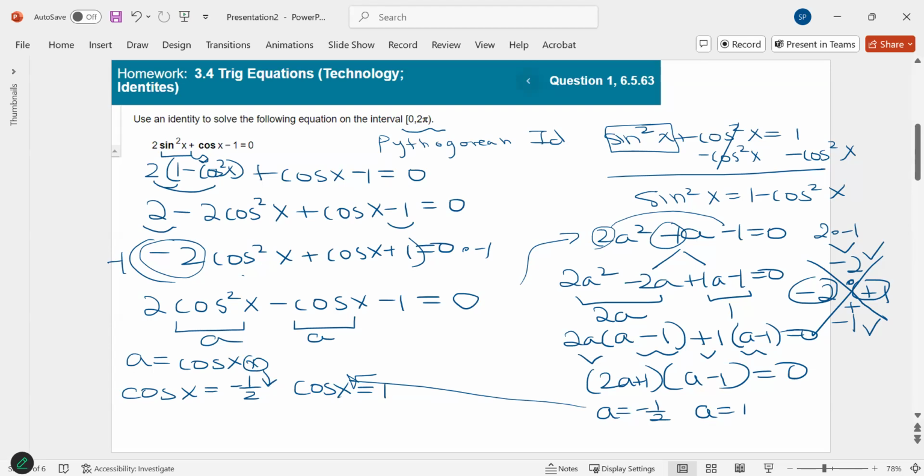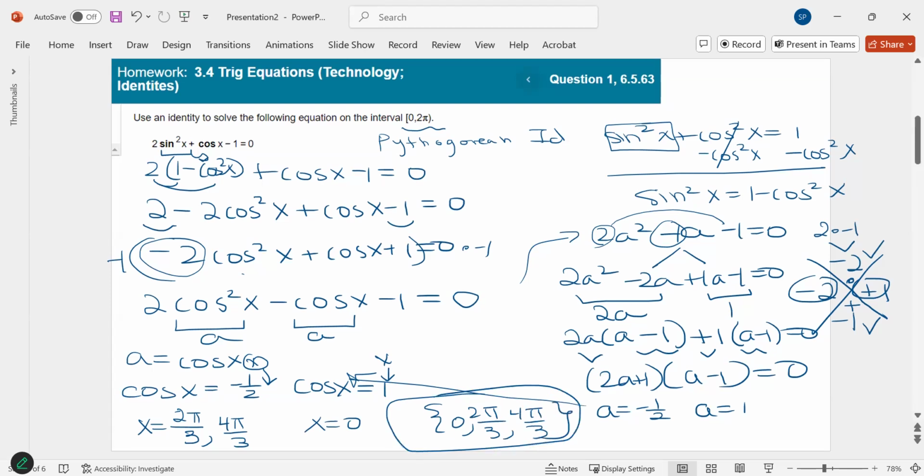On the unit circle, the x values are -1/2 at the angles 2 pi/3 and 4 pi/3. And where's the x value +1? At angle 0 radians. So there are 3 solutions. We have 0, 2 pi over 3, and 4 pi over 3.